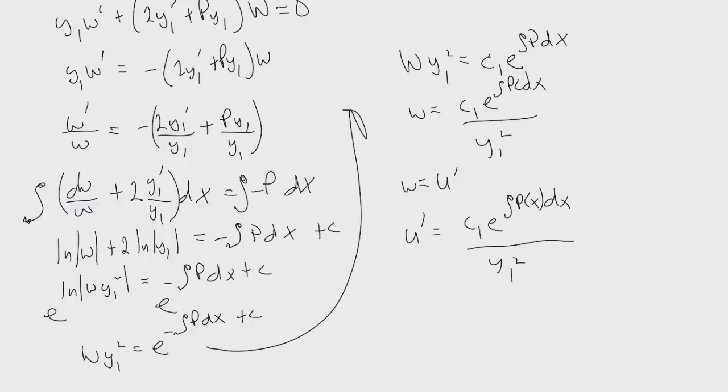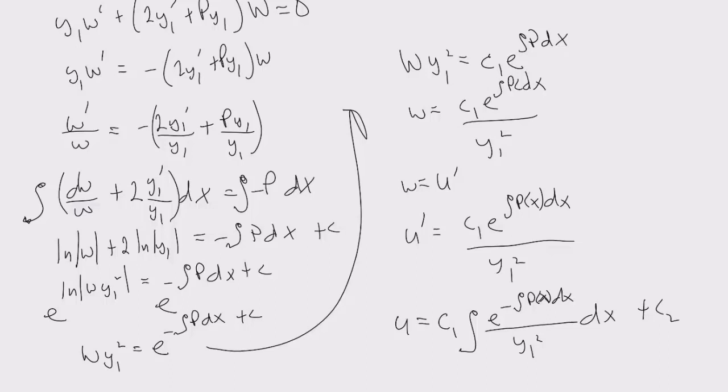Which means u is equal to the integral, and we'll bring that c1 out, of e to the negative integral p of x dx all over y1 squared, dx. And then that'll pick us up another constant, plus c2.